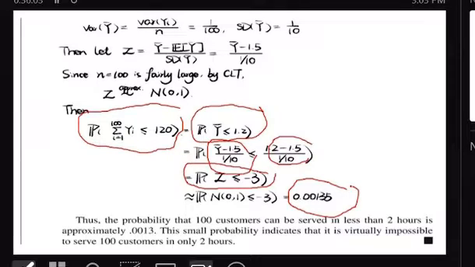So the interpretation is that the probability that 100 customers can be served in less than 2 hours is approximately that. This small probability indicates that it is virtually impossible to serve 100 customers in only 2 hours, because the probability is very, very small.